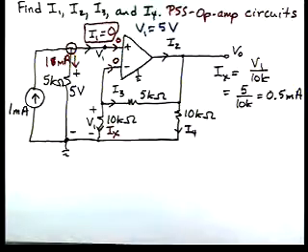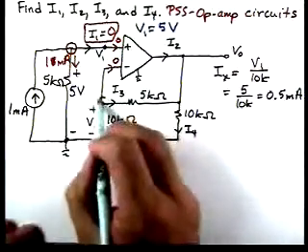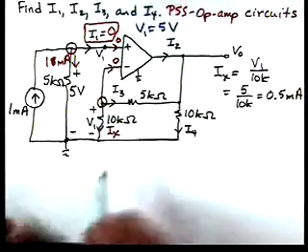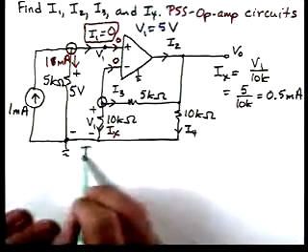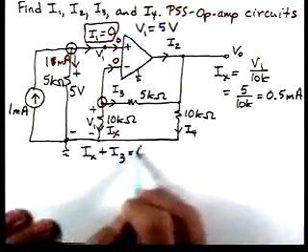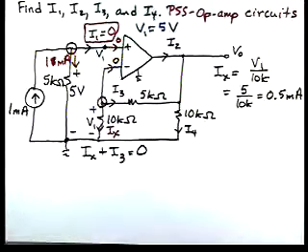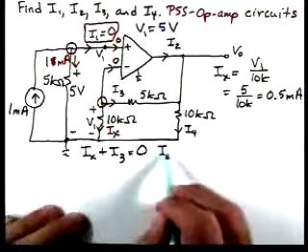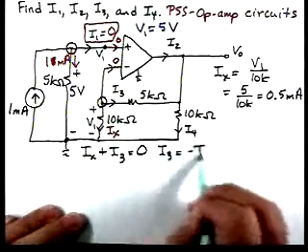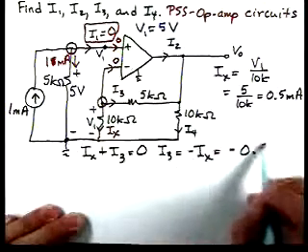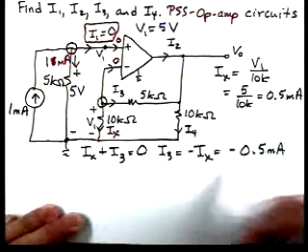And now, if we apply Kirchhoff's current law at this node, we'll have a current of Ix leaving and a current of I3 leaving, and by Kirchhoff's current law, those have to sum to 0. So I3 is the negative of Ix, so I3 is minus 0.5 milliamps.